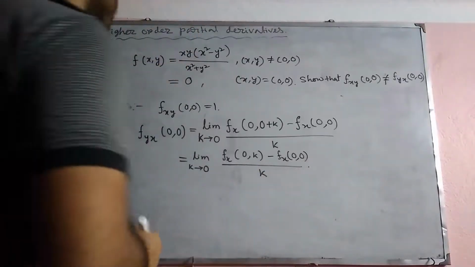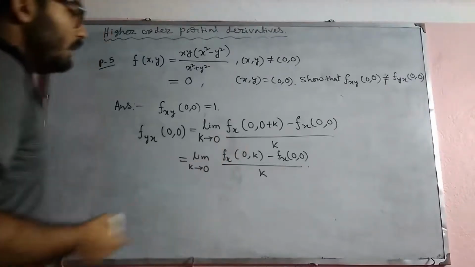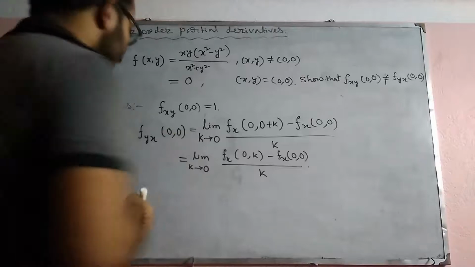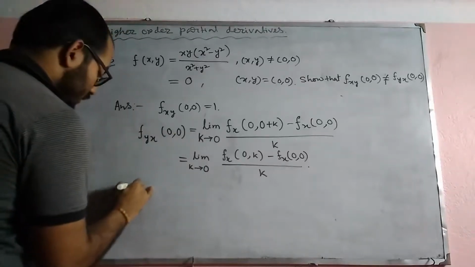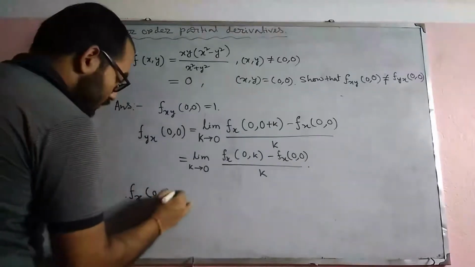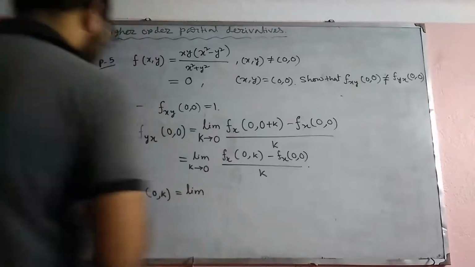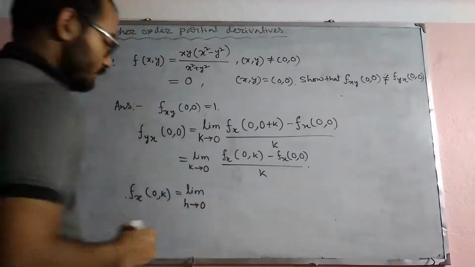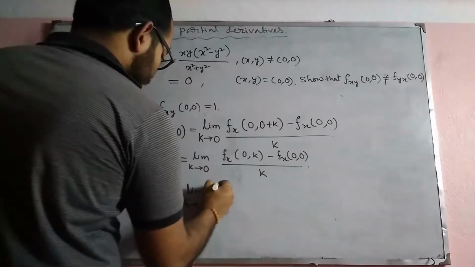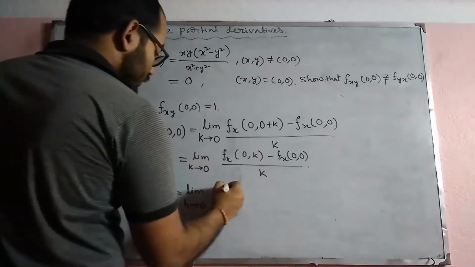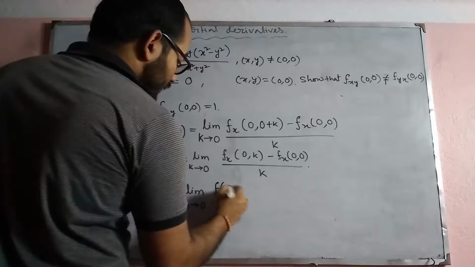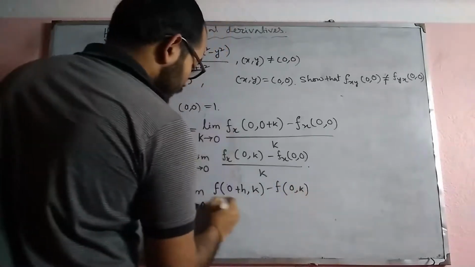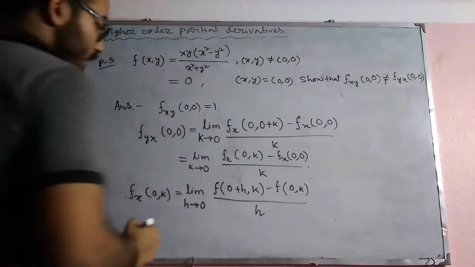But again we don't know the value of f x at (0, k), so we have to calculate it. f x of (0, k) is limit h tends to 0 of (f of (0 plus h, k) minus f of (0, k)) by h. And we know this.